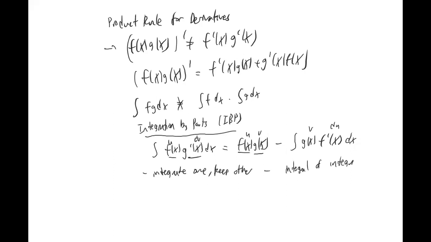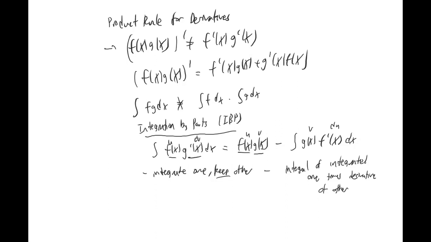So the one you integrated, you keep. So integral of the integrated one, which is the g, times the one you kept, you derive, times derivative of the other. That is what's happening if you view things in English.